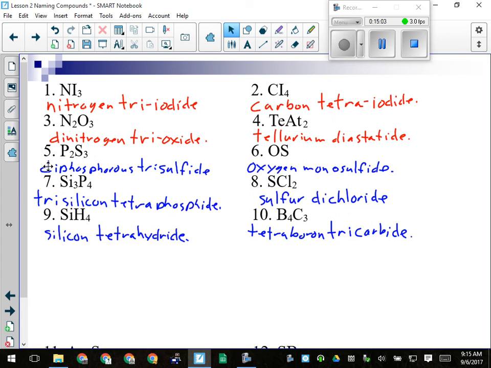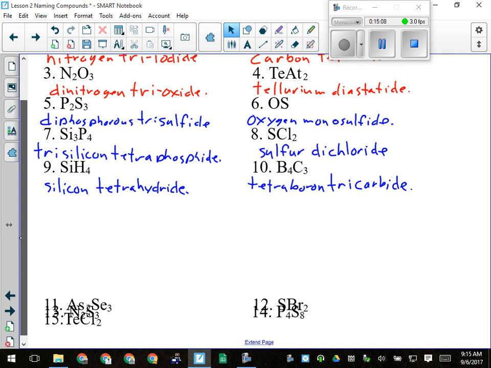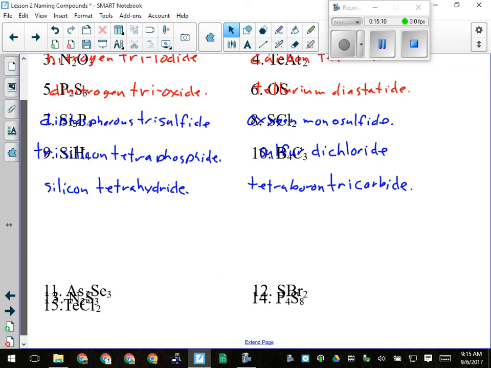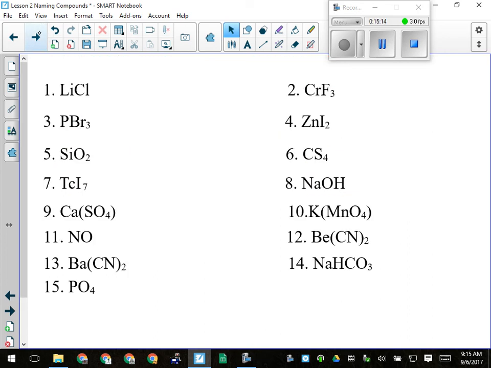Okay, now we will, I don't know what happened to those. That's weird. Okay, anyway. Now, here's something that is new for you, okay? Well, it's not. There's a couple that are new in here because there's a couple that have the polyatomic ions we talked about a little bit earlier, okay? But this is a mix now. Some of these are molecular. Some of them are ionic.